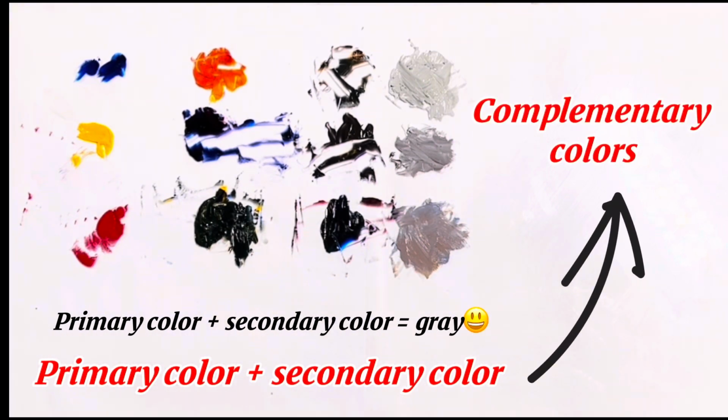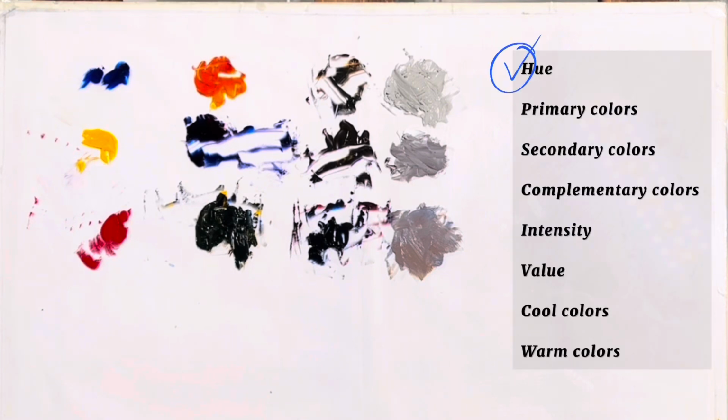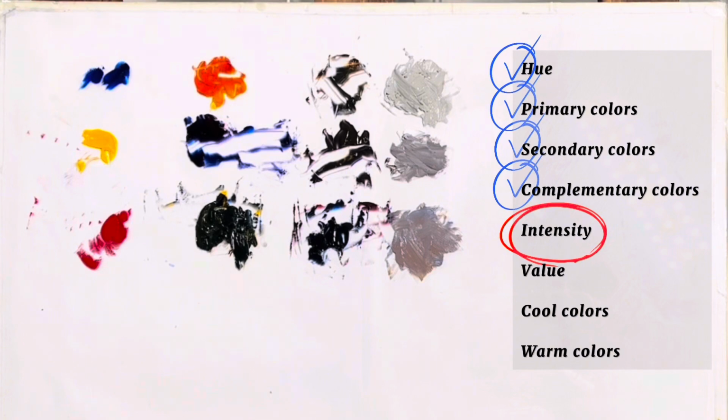What does complementary colors mean? Exactly, bravo. It means that a mixture of two colors turns gray. So now you know what primary colors, secondary colors, complementary colors are. But what is intensity?